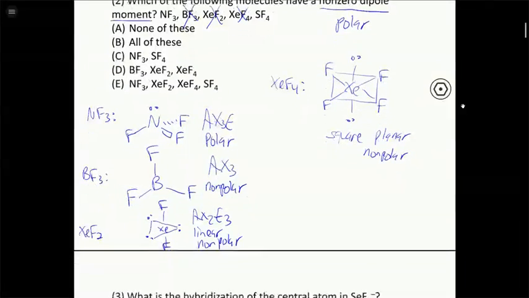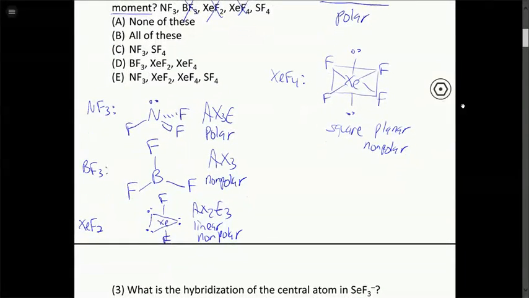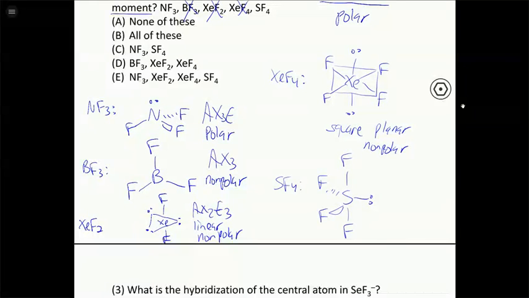And then the last one here is SF4. And SF4 is also a 5-electron group, but it only has one lone pair. It's AX4E. So the lone pair goes there. Fluorines go there. We have a net dipole pointing right to left as I've drawn it.